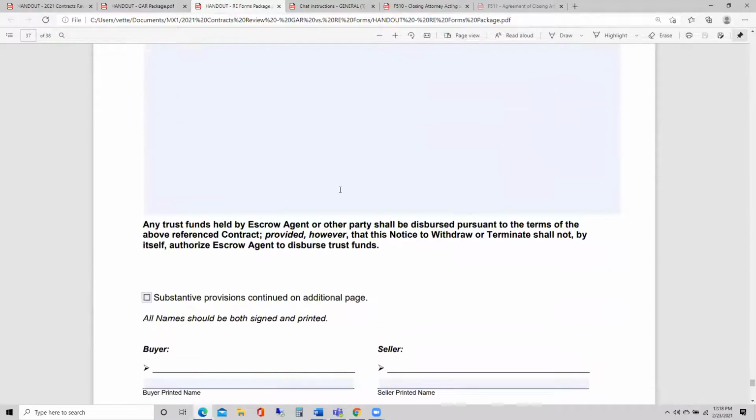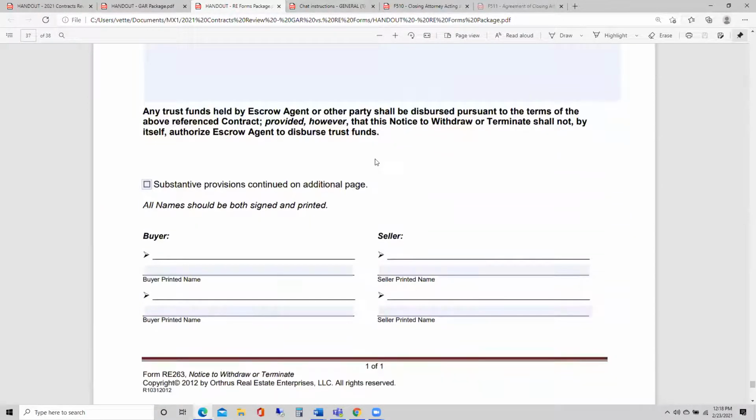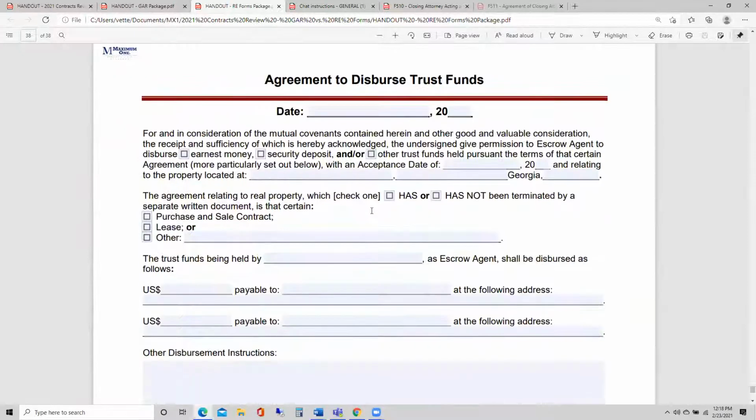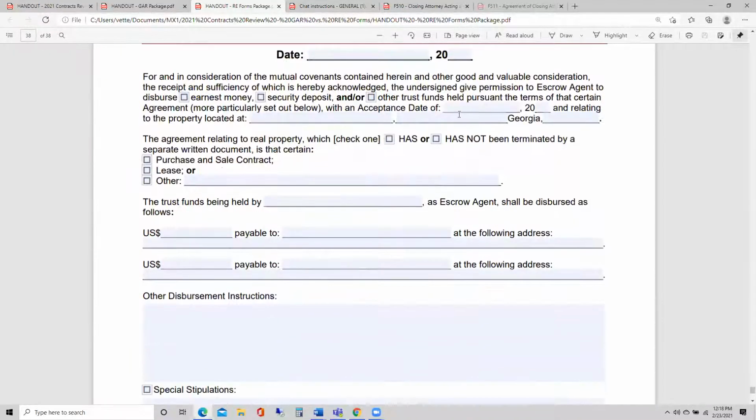Here's the reason for termination. Again, it's unilateral, and so you need either the buyer or the seller. Don't get confused. It says both signed and printed. That means you need to sign it and print it. Then you have a separate form in the RE package, agreement to disperse trust funds. This is the release.